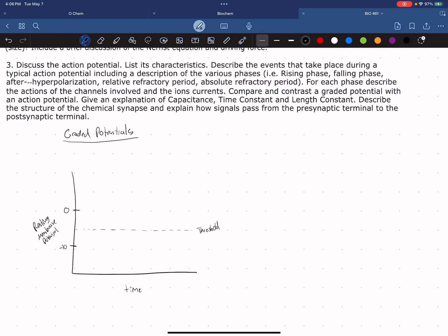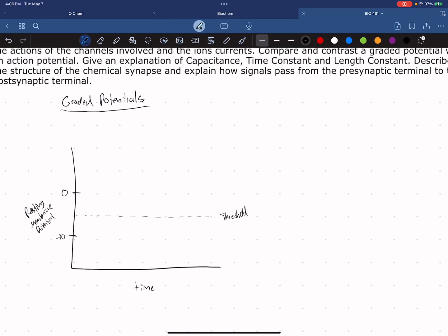So to start off with, graded potentials are determined by the opening of ligand-gated channels. And so there are two different things that happen with these graded potentials on this graph. I'll do a little representation here. So if we are here at negative 70 and a ligand-gated channel for sodium is opened, and there is sodium that enters into the cell, then this potential will increase or go more towards 0.